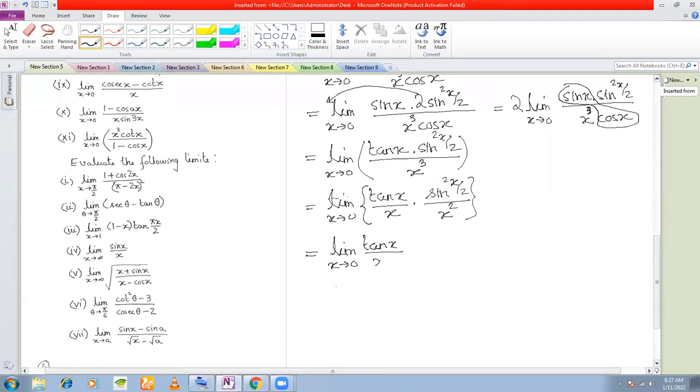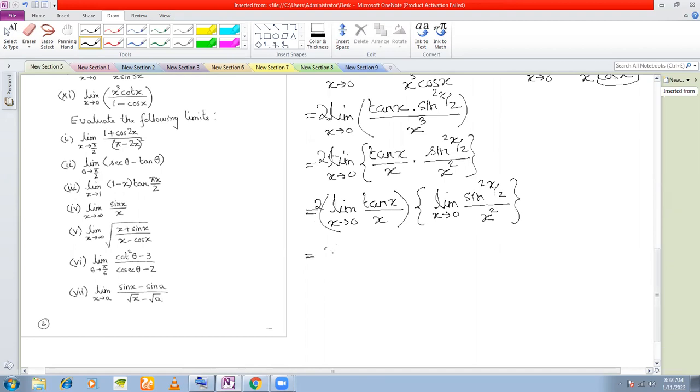Now you separate the limits. One you take with this, the other you take with the other. You have a 2 also here, I'm forgetting to write the 2's. Okay. So you have sine square x by 2 divided by x square, twice.